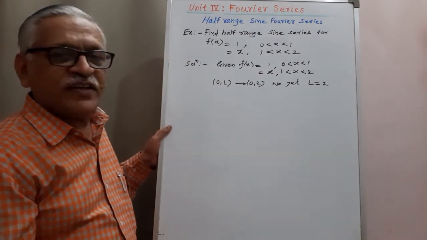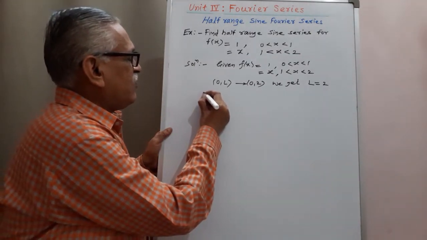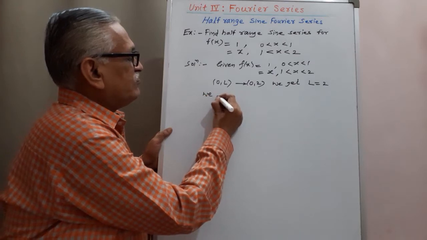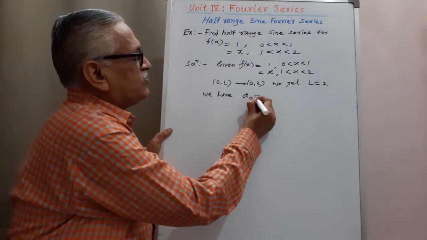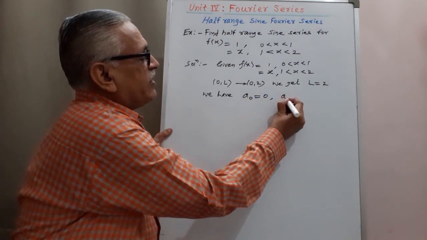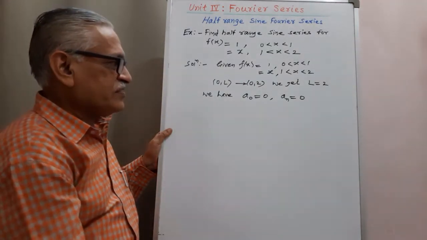And as we are required to find the half range sine series, we have the value of A0 as 0, and the value of An is also 0 in that half range sine series.